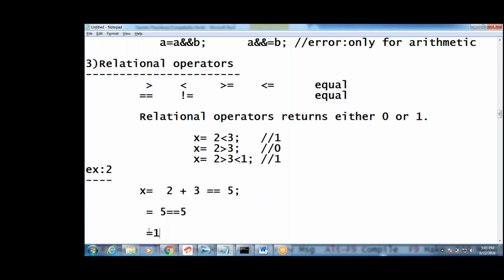This is about relational operators. First of all, which one has higher precedence? We should know. Before discussing increment and decrement, we completed this. Now we write the operator precedence table, guys.